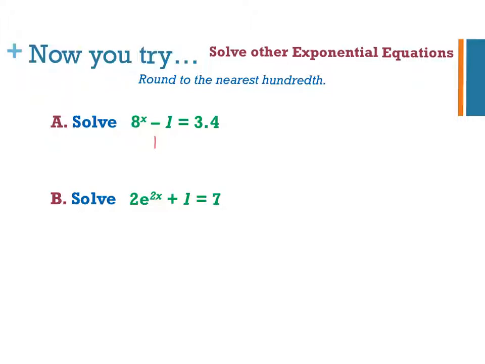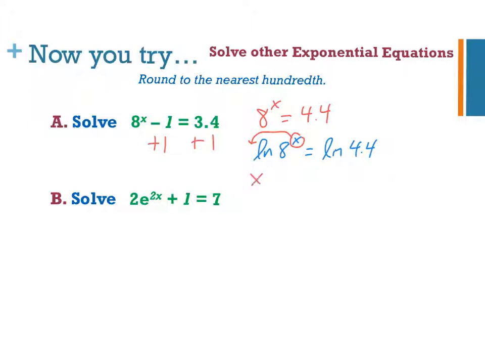So in the first one, if you added 1 to both sides, we get 8 to the x equals 4.4. Now that the 8 to the x is isolated, I really can't use any log properties. I can't use one-to-one. Changing it to logarithmic form won't really help us, so the last resort is taking the natural log of both sides. So if I take the natural log of the left and natural log of the right, what happens is we can use that property of logarithms and bring that exponent of x down in front.